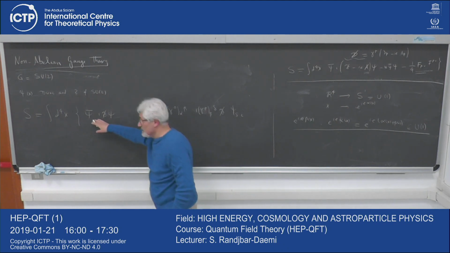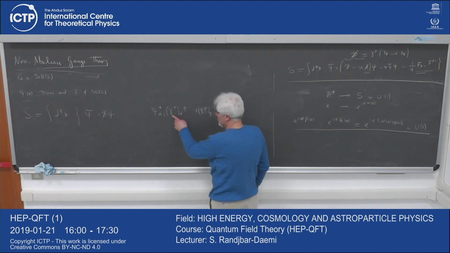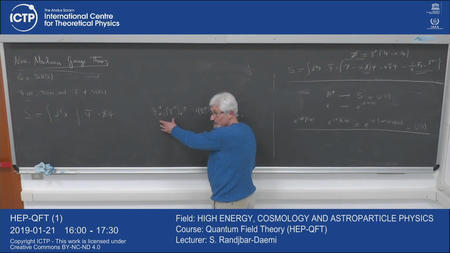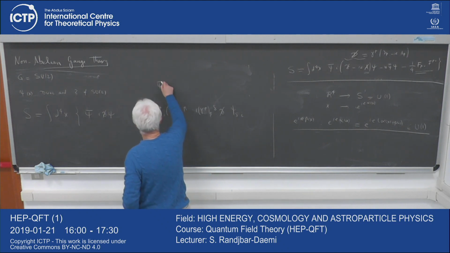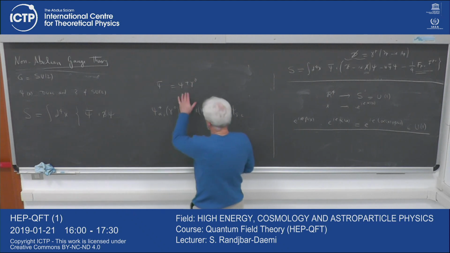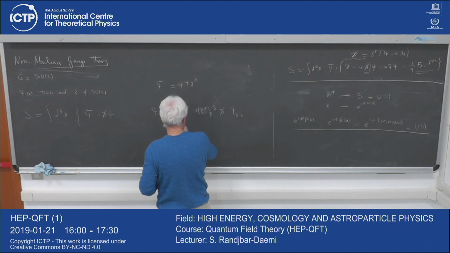The meaning of this term is this. The psi dagger gamma 0 gives you psi bar. Okay? Psi bar is psi dagger gamma 0. If you want to write this in matrix notation, there are spinor indices, alpha, beta.